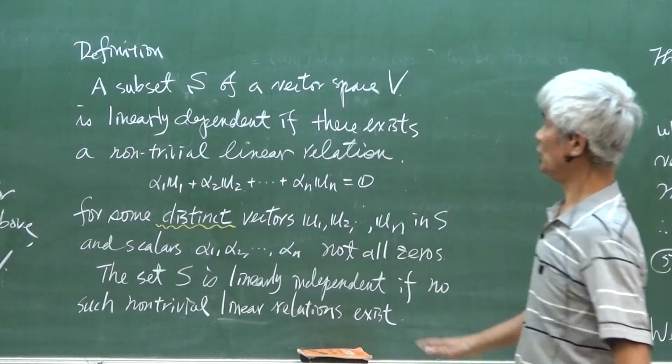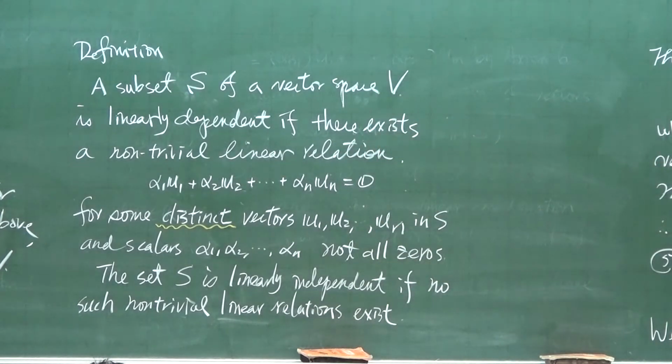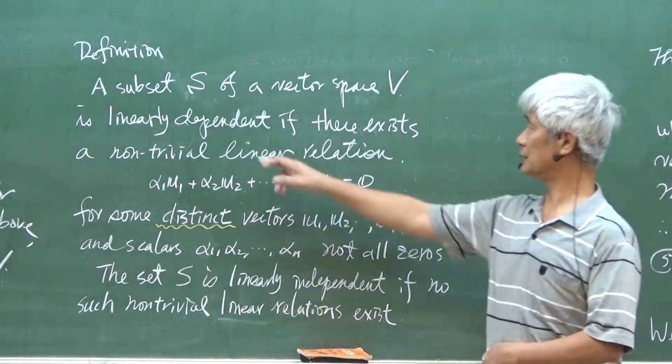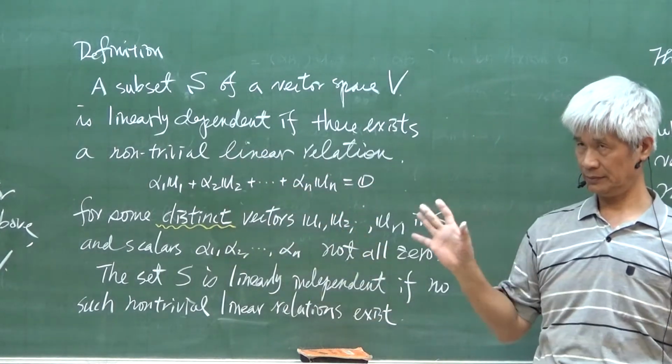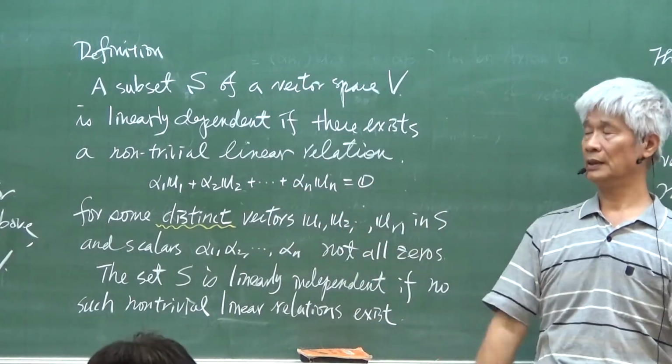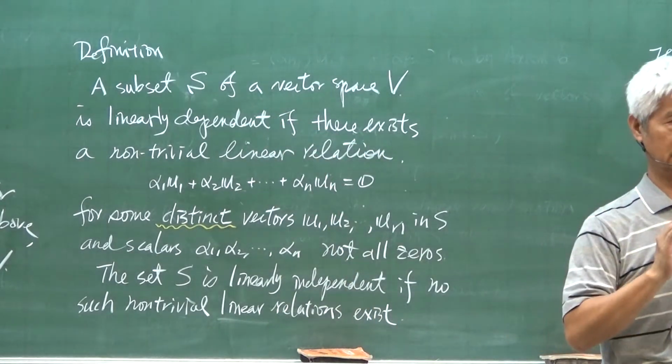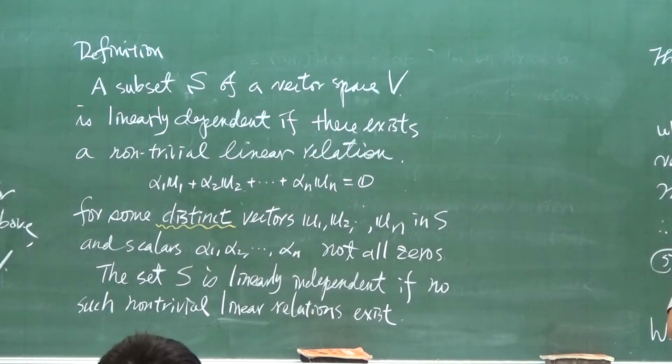So if you can't find any such non-trivial linear relation, then this set is called a linearly independent set.